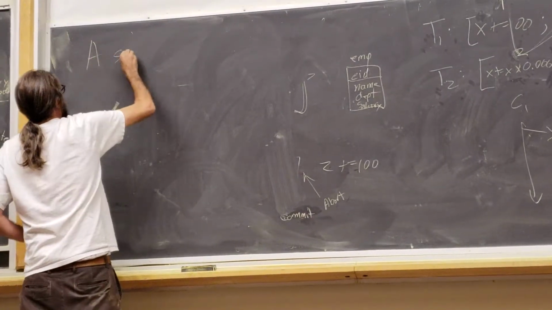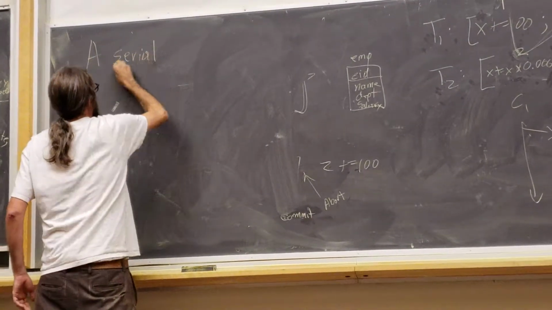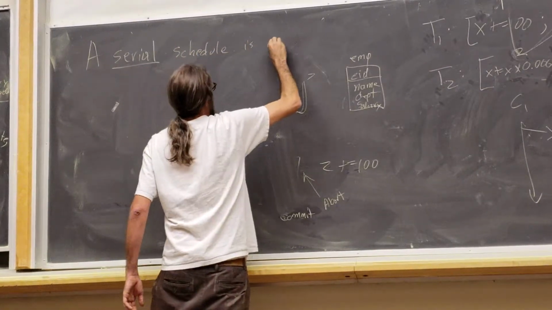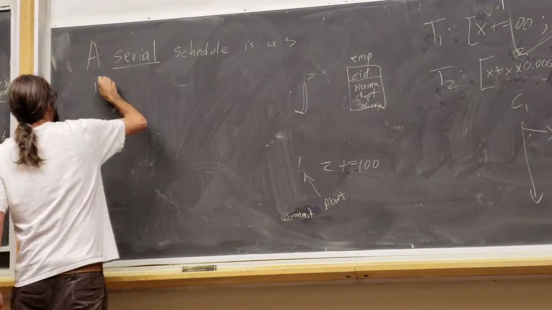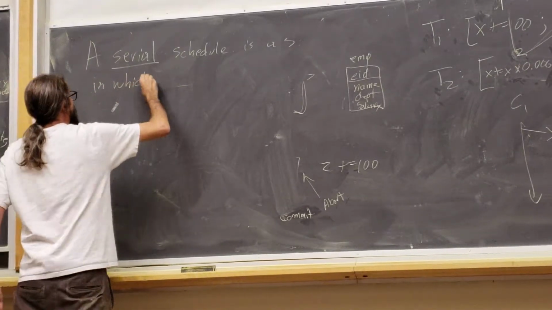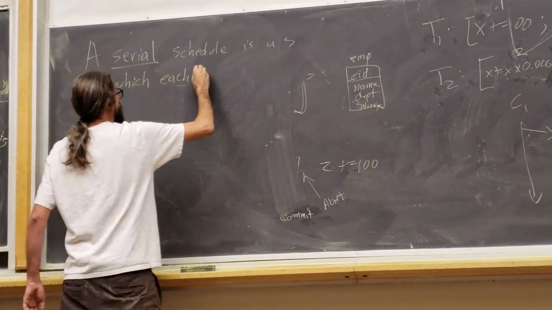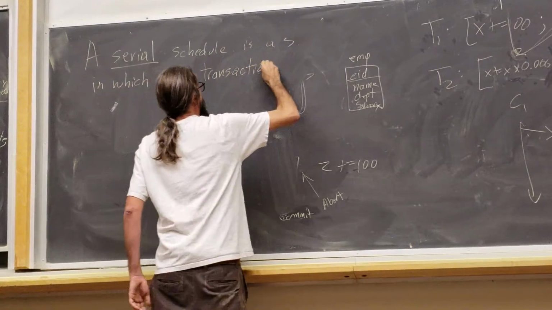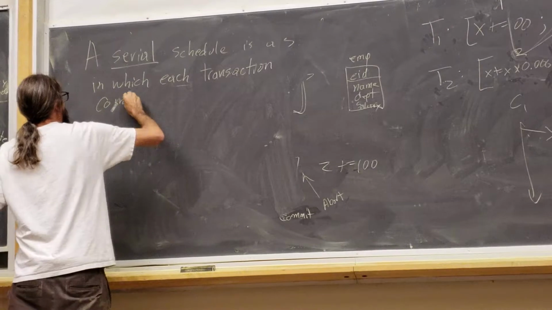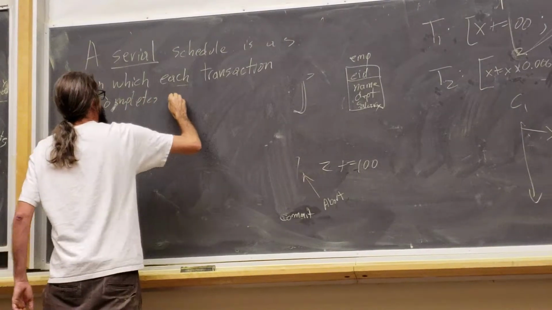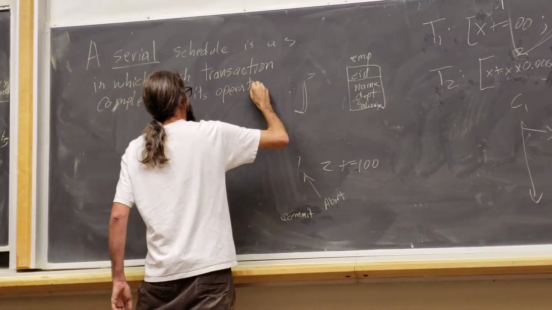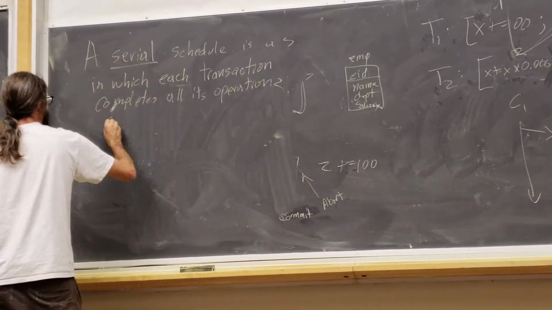A serial schedule is a schedule in which each transaction completes all its operations before the next begins.